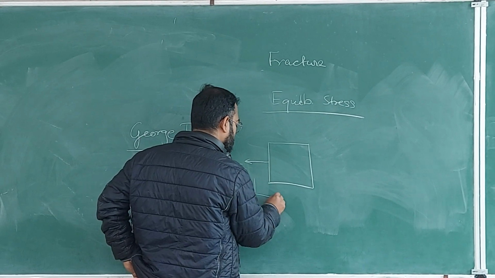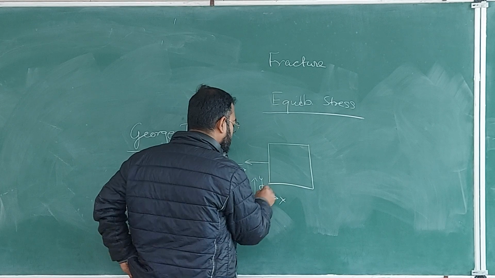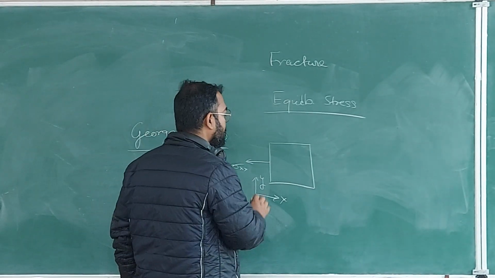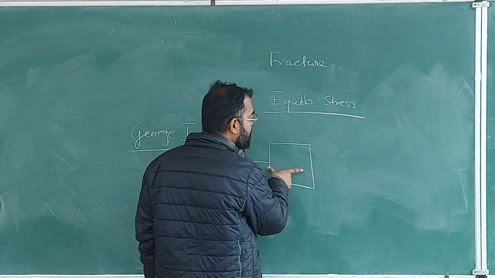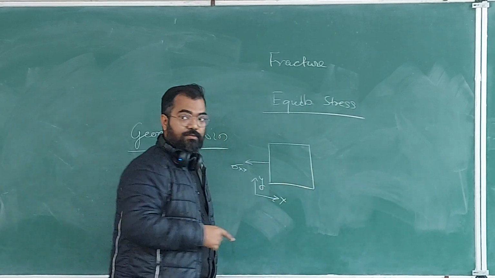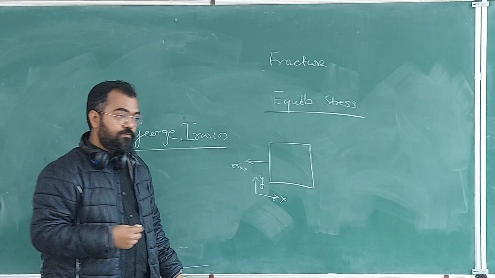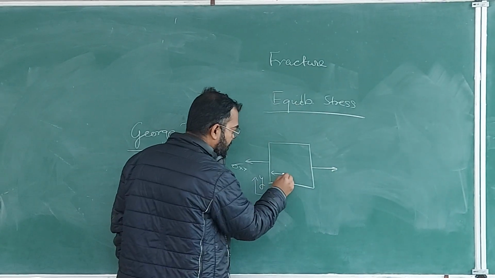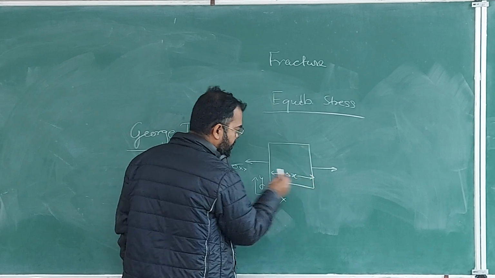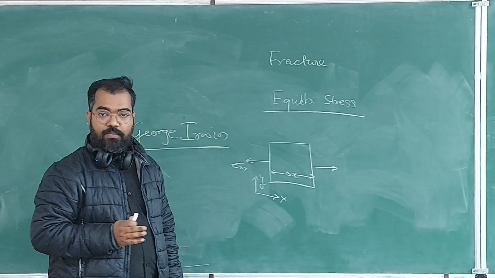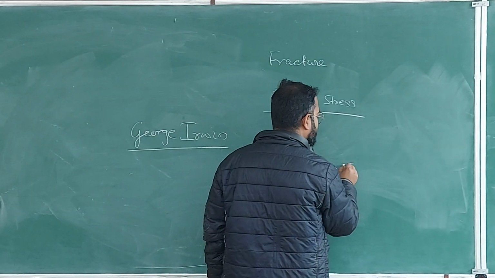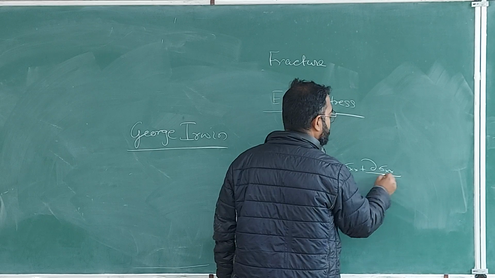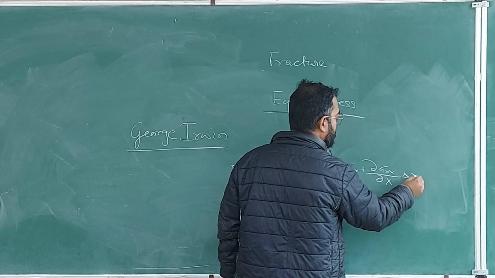This is x, and this is y. Now assume that sigma xx is increasing in the x direction. It's not constant. So what will be the stress here, because there is a little bit of change in dimension there? I will have sigma xx plus the rate of change of sigma xx into delta x.